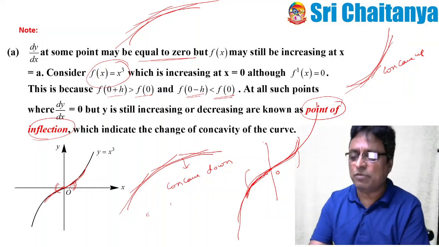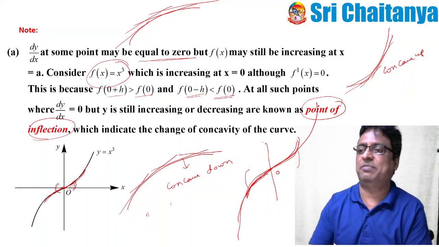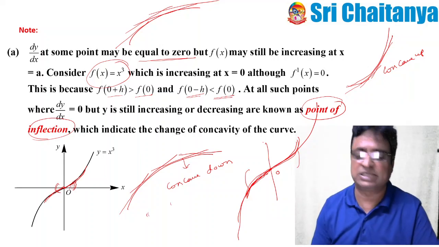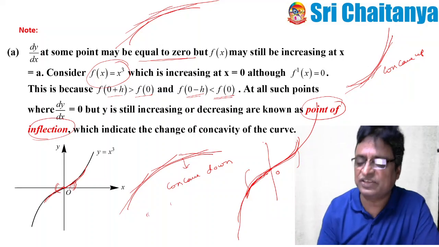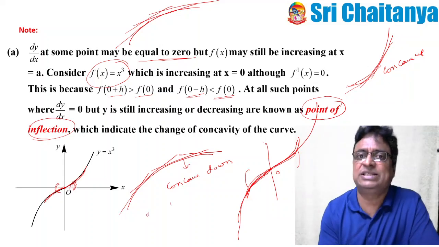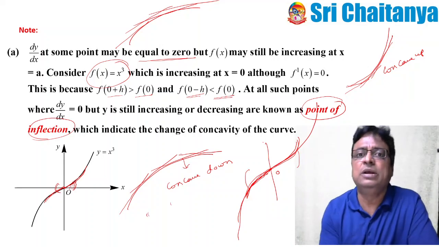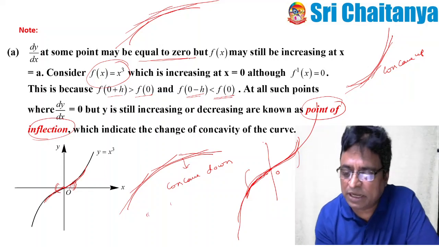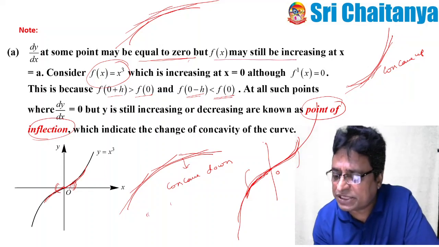Of course, you will learn more about the point of inflection in the coming slides. Don't worry. So what I am going to say is, from this example, dy by dx at some point may be equal to 0, but f of x may still be increasing.